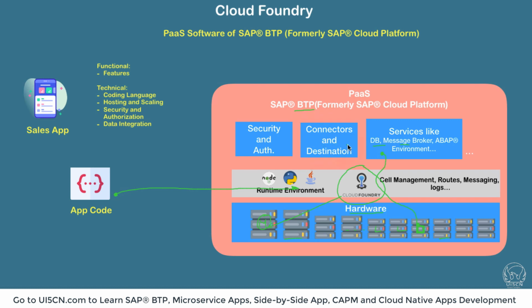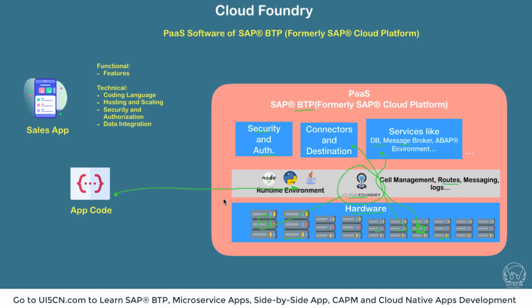You can also use the connection and destination service for this application to reach an on-premise system or any other third-party API or destination. You can also provide security and authorization and also routing for this application. These are all internally managed by the Cloud Foundry environment, and as a developer, you will just be handing over the code to Cloud Foundry to host and run it.